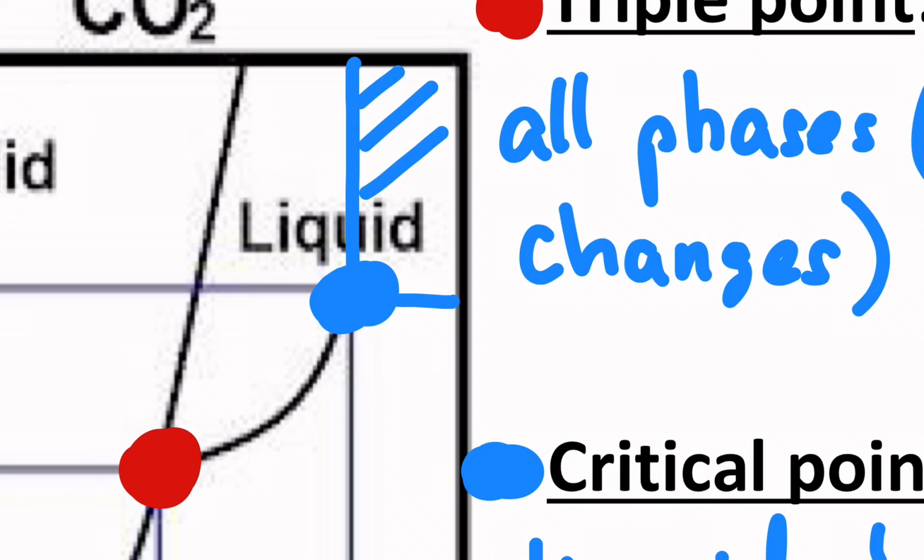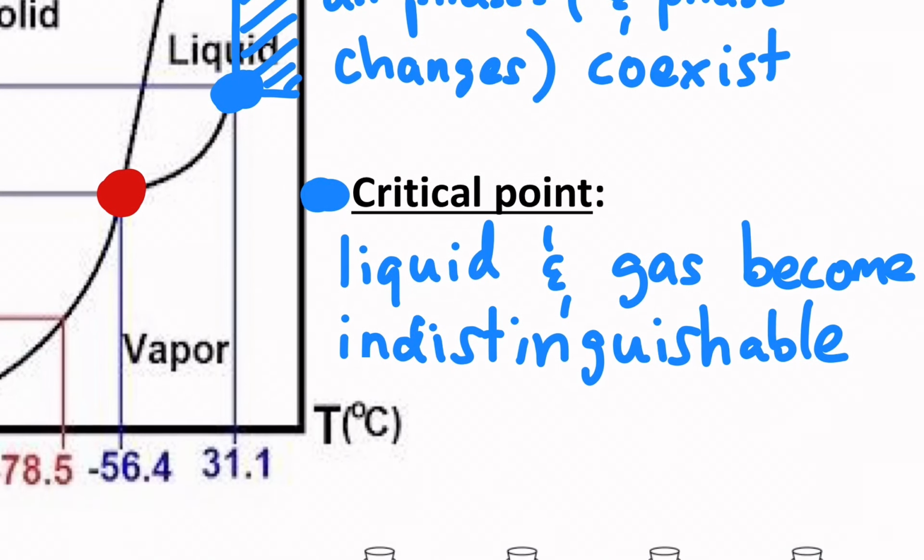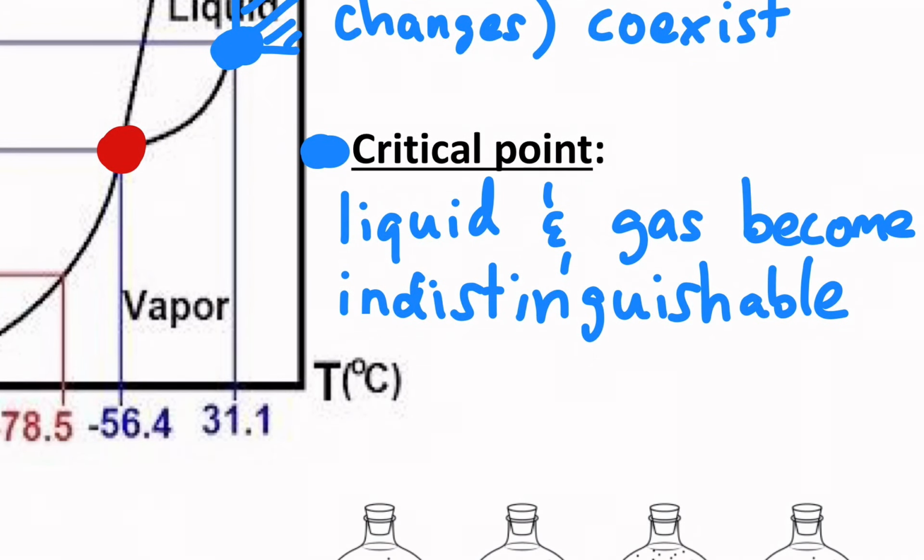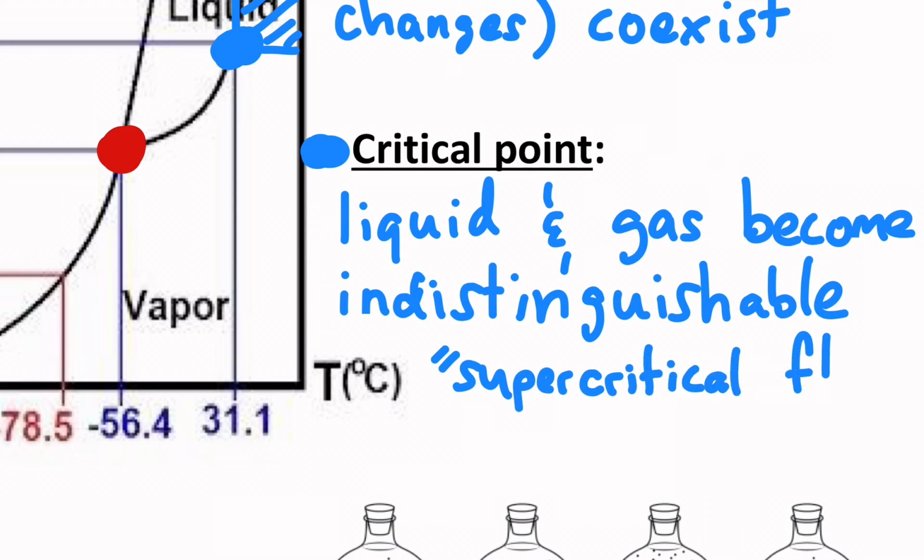So it's the entire upper right corner of this phase diagram. You enter essentially another phase. You get what's called a supercritical fluid. It's neither gas nor liquid.